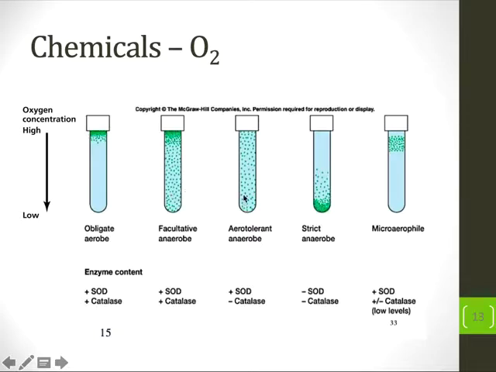Aerotolerant organisms, because they are indifferent to oxygen, will be spread evenly throughout the media. Strict anaerobes would be far away from where there is more oxygen, and they will be concentrated where there is less oxygen, which is towards the bottom of the tube. Then you have microaerophiles. They wouldn't be closer to the top. They'll be just beneath it a little bit because they need just enough oxygen, but not too much of it.